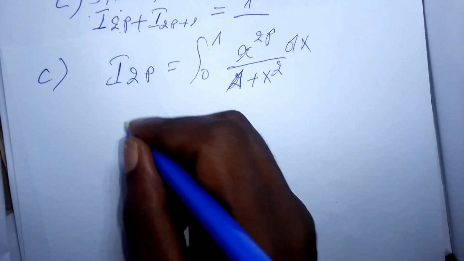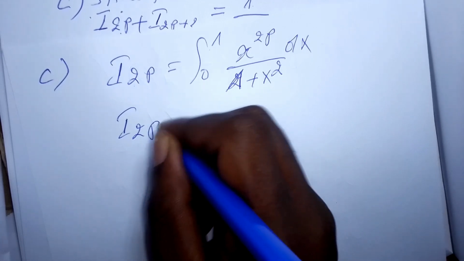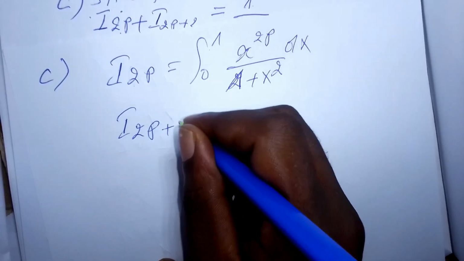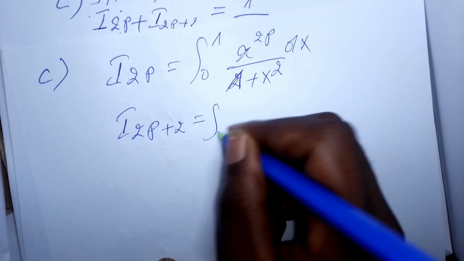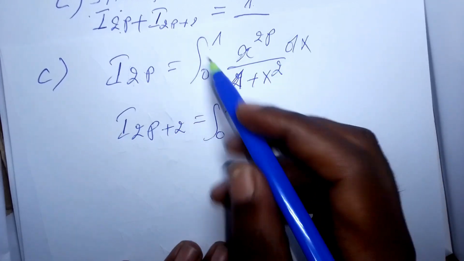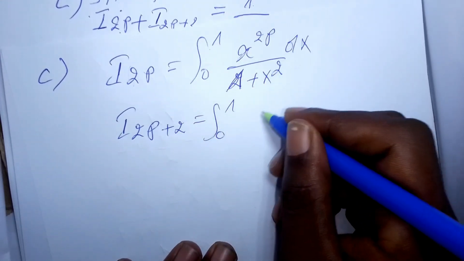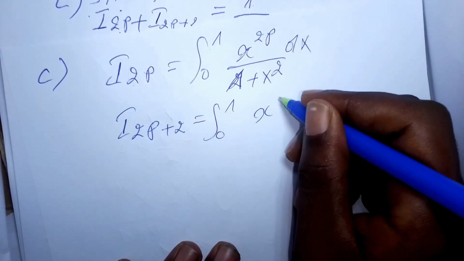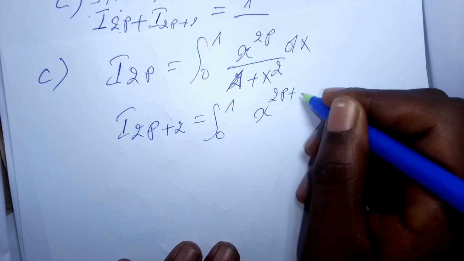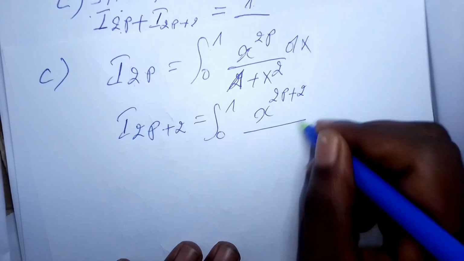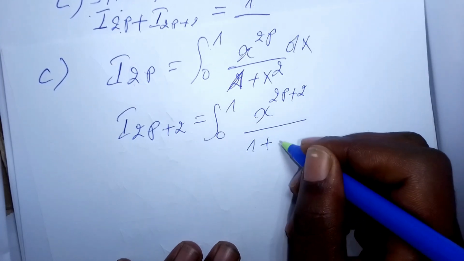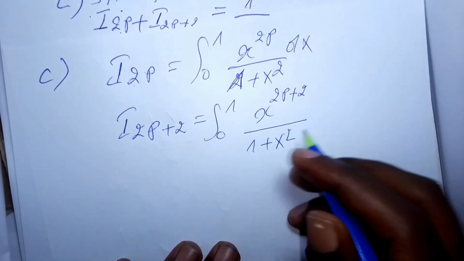Also I2p plus 2 is the integral of x power 2p plus 2 over 1 plus x square dx.